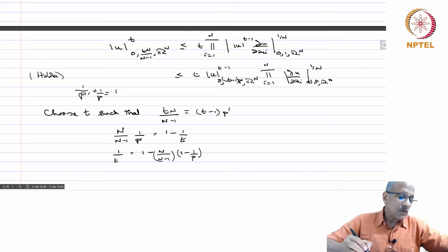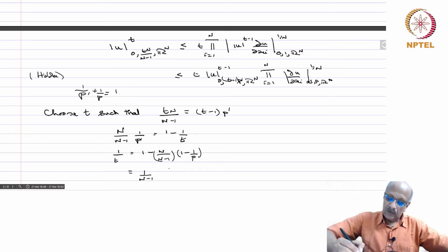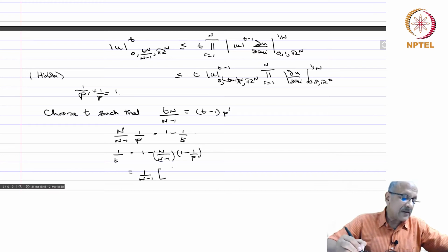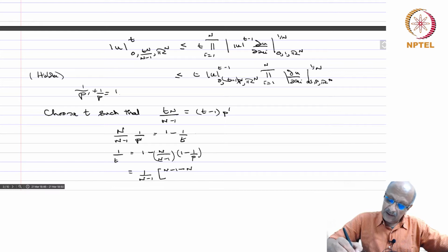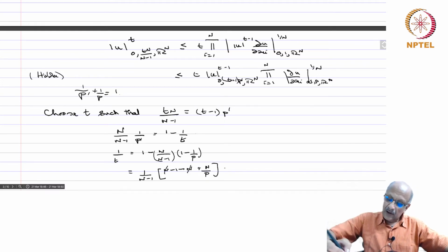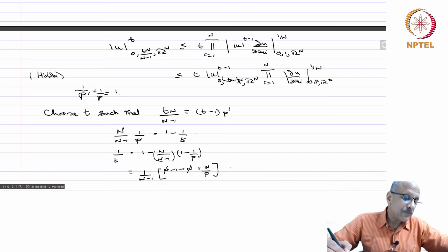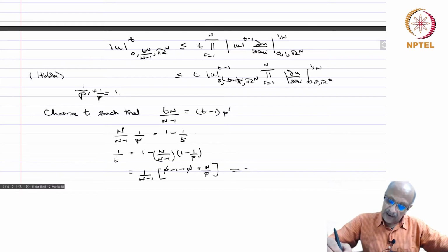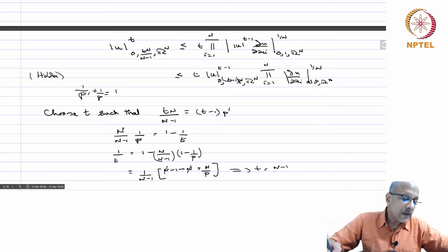That is equal to, I am going to bring out the 1 by n minus 1 outside. Then I will have inside n minus 1 minus n plus n by p. So the n will get cancelled. You get n by p minus 1. Okay. So this will imply that t is equal to n minus 1 by (n by p minus 1).